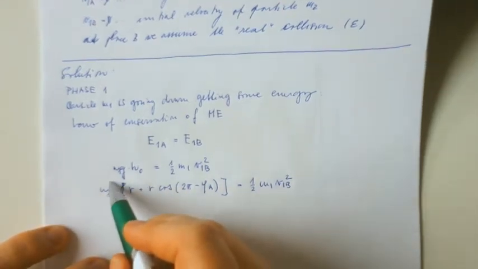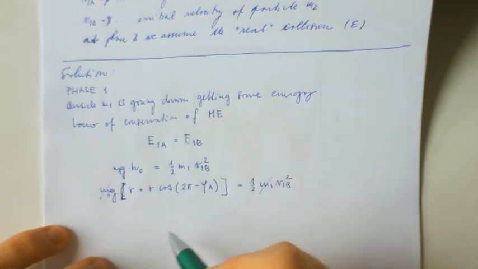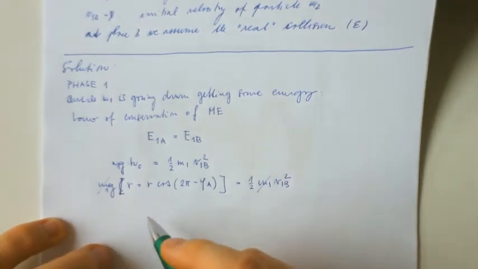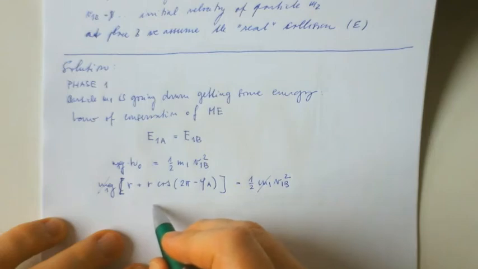We can cancel m1 and put r out of the brackets.